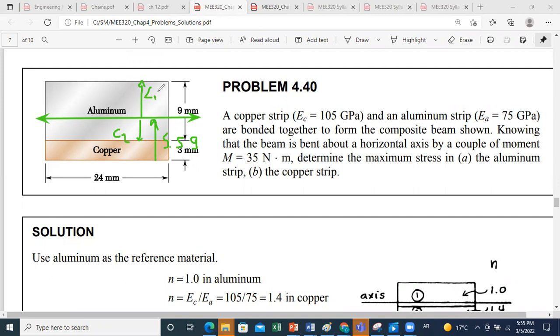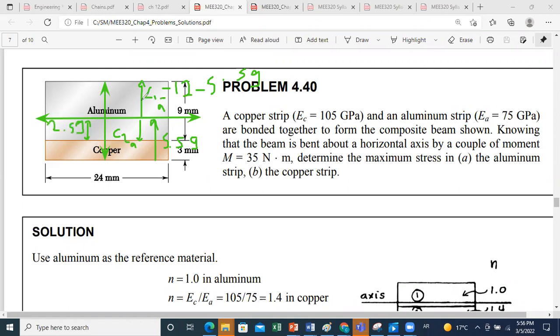C1 is equal to the whole distance here, which is 12, minus 5.59. This is c1 for aluminum. C2 for aluminum is equal to this distance, 5.59 minus 3, which is 2.59. So of course, c1 is larger.